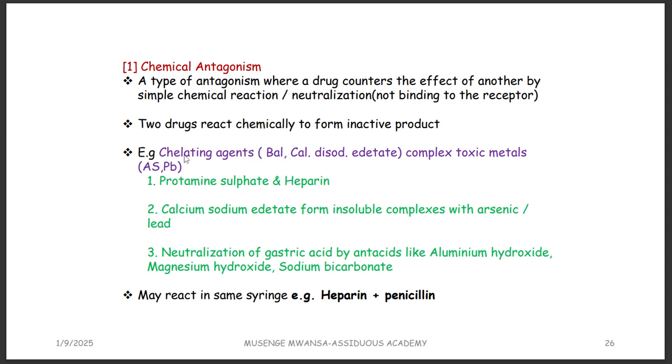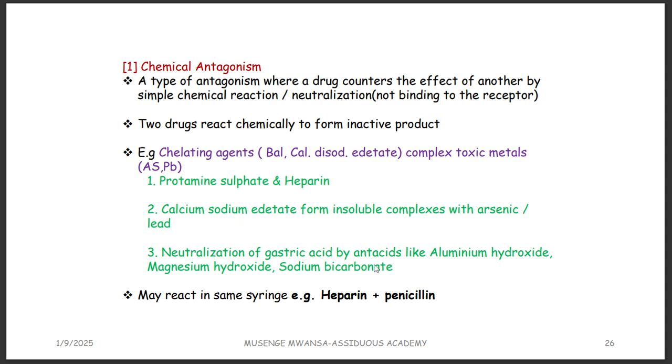Also, chelating agents, these metal ions, the way they work is that they're simply going to neutralize what another compound was doing. For example, calcium sodium edetate is going to form an insoluble complex with arsenic and lead. Mostly when you see metals, you know that is chemical antagonism.